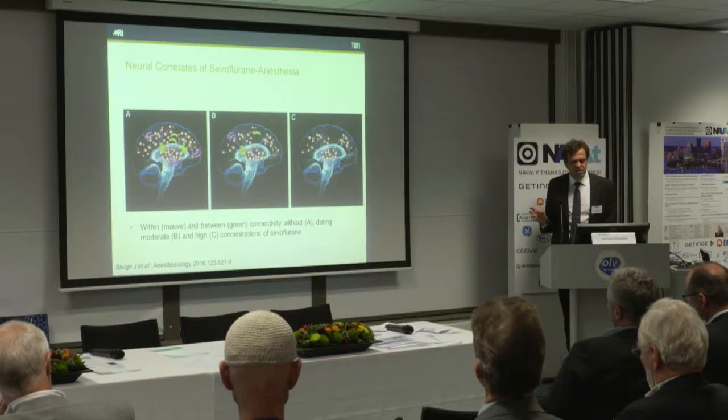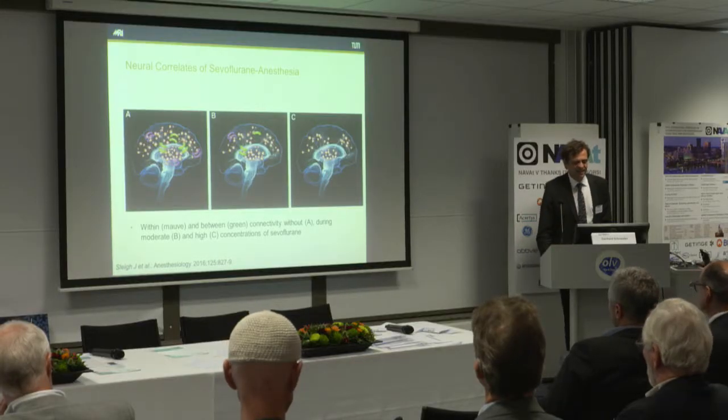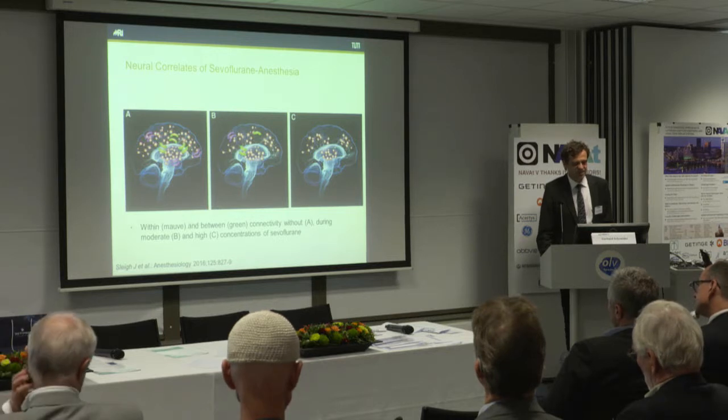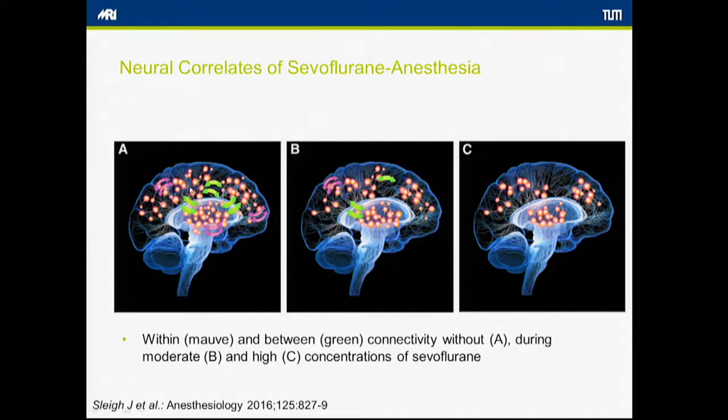As a first step, there is a change of within and between connectivity, and this pattern is really changing at a first step during loss of consciousness, and then the within connectivity changes as well, until at burst suppression and high concentrations only regional activity is maintained.